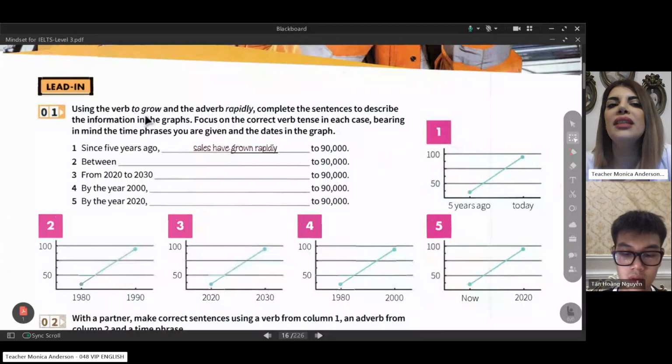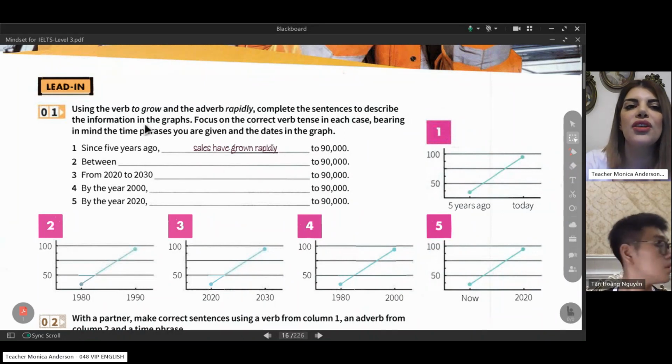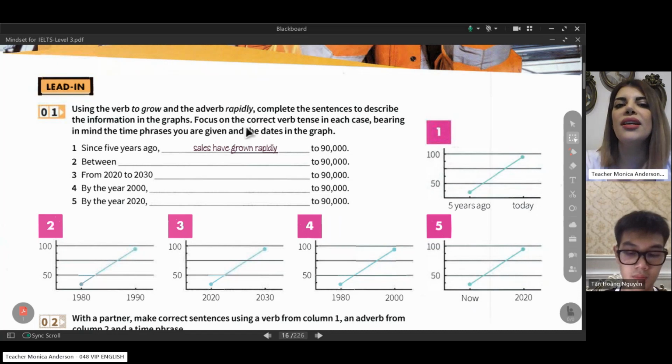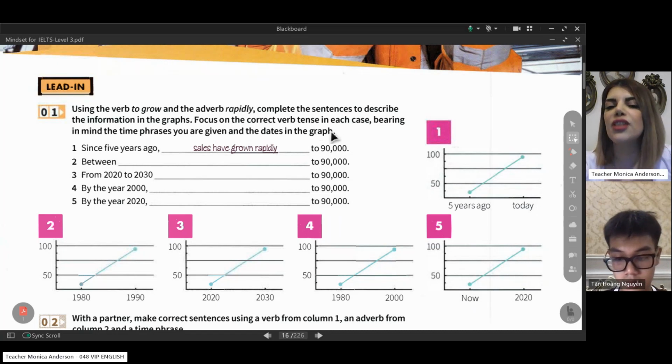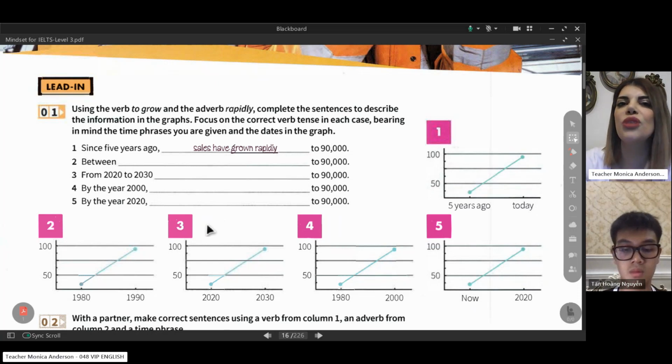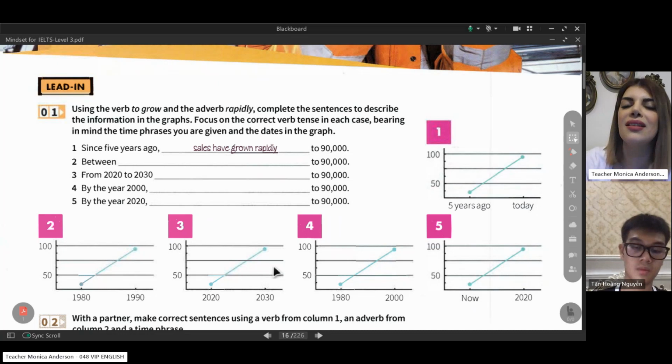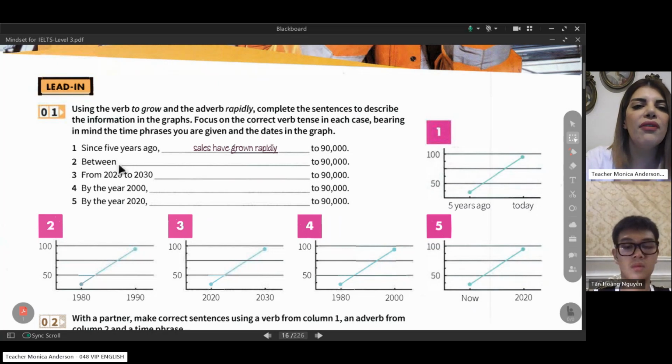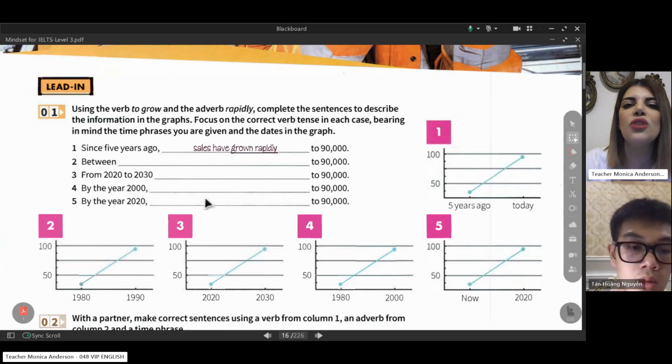Now, using the verb to grow and the adverb rapidly, complete the sentences to describe the information in the graphs. Focus on the correct verb tense. The purpose of this exercise is to get familiar with different tenses that you can use to write about graphs. Here we have 5 sentences to complete.